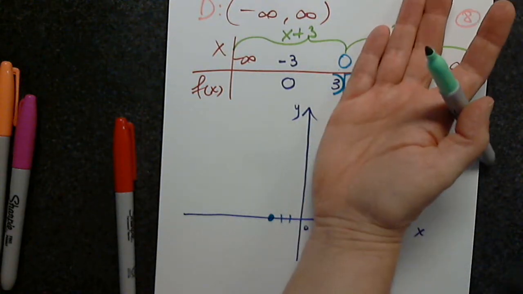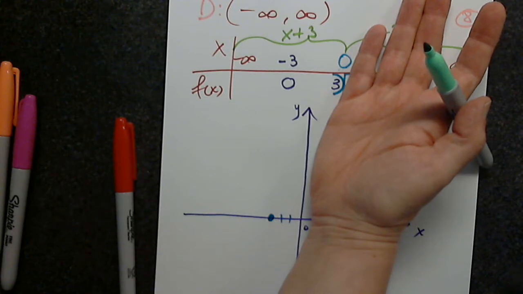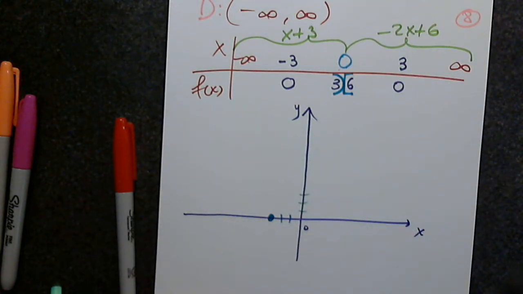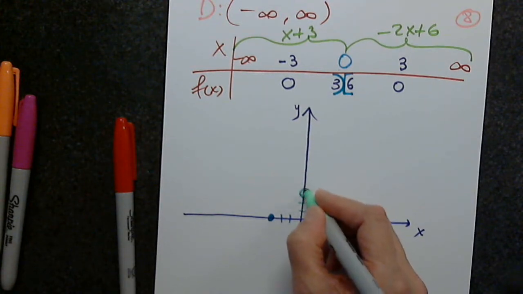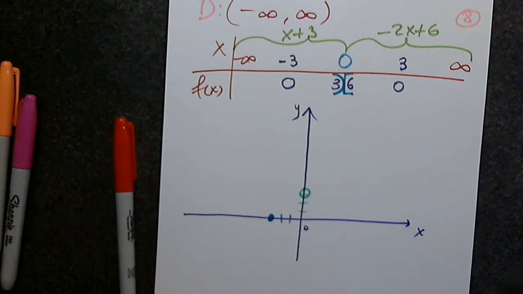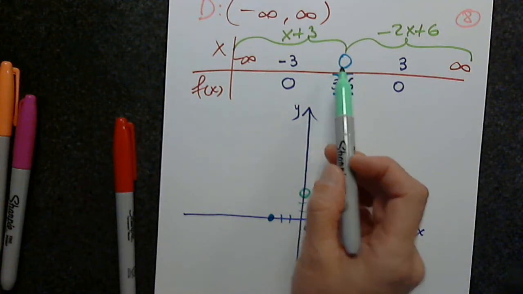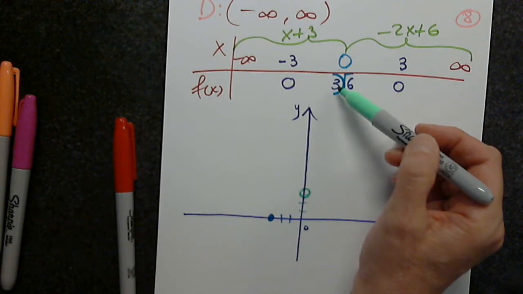Please give me the next ordered pair. 3. What type of point is this? Why intercept? Exactly. This is an open point. Why is it an open point? Because I was not allowed to plug in 0. So this point cannot exist.